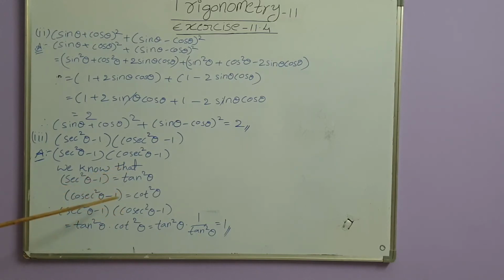So this formula substitute here, tan square theta into cot square theta. This cot write in this form of tan, so 1 by tan square theta. These two are cancelled. We get 1.